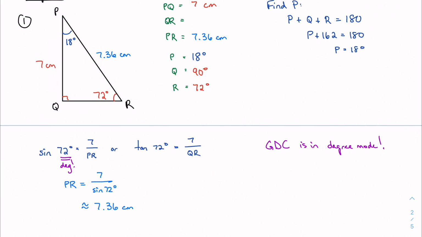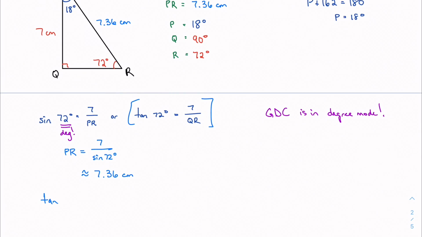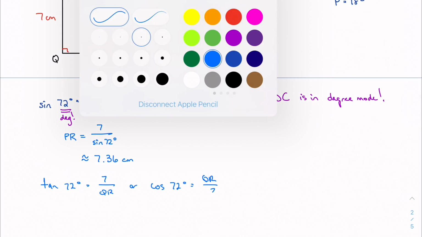One more side to solve. I can either use my tangent, or I could also, if I wanted to, use the Pythagorean theorem. Sometimes that's not as accurate because you're rounding, so I actually do prefer to stick with the trig functions. Tangent of 72 is going to be 7 over QR. Or now that I know the hypotenuse, I could use cosine to find my adjacent side over 7. Again, I prefer to stick with what's given, so I like to use tangent here.